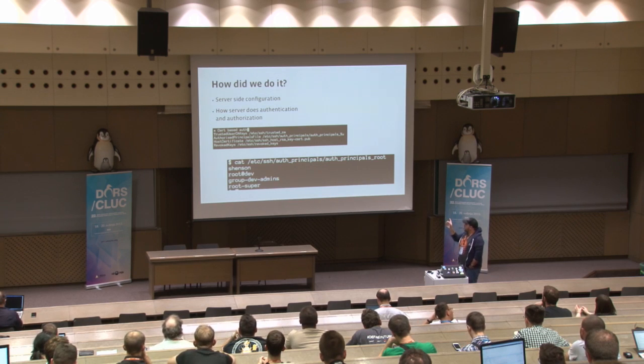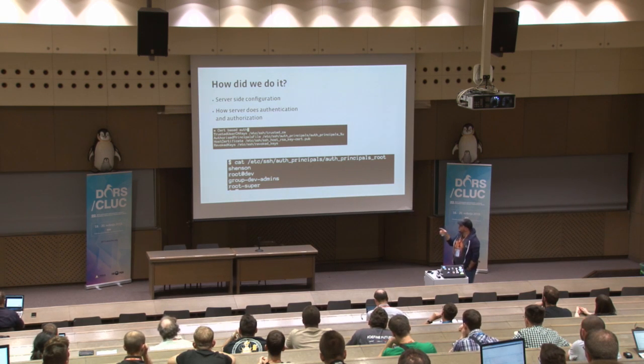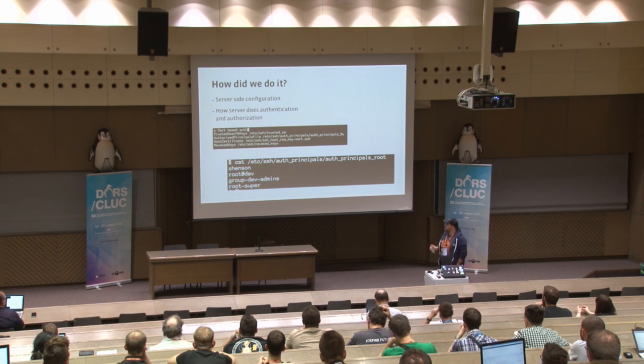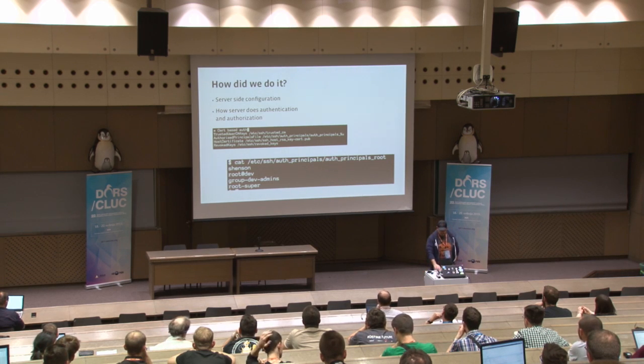Here is the actual auth principals root file on my dev server. It includes me, because it's my personal dev server. Then it contains people that can log into dev, some other group information, and then a root super. That root super is actually pretty interesting, and I'll go into it later.